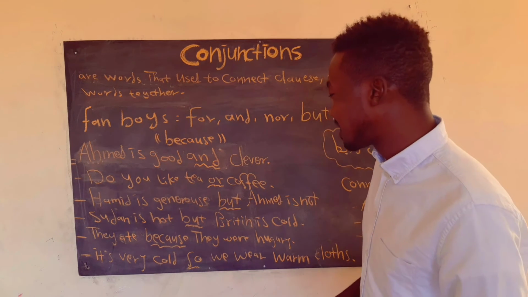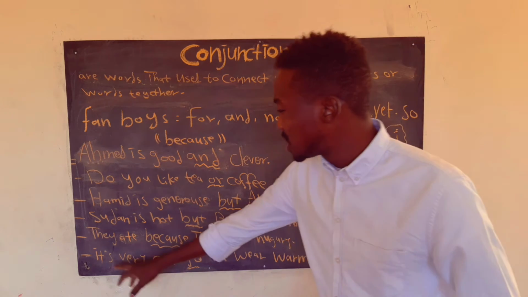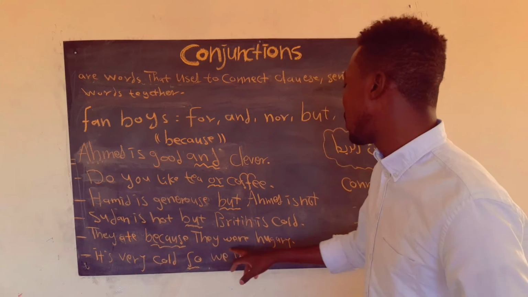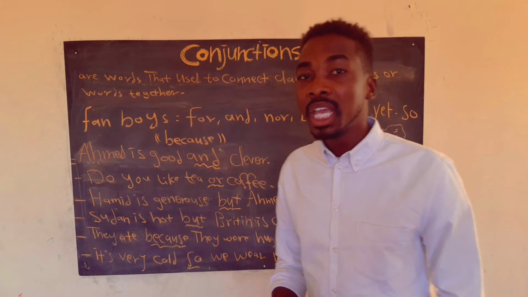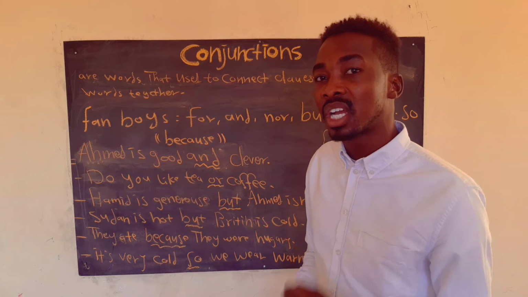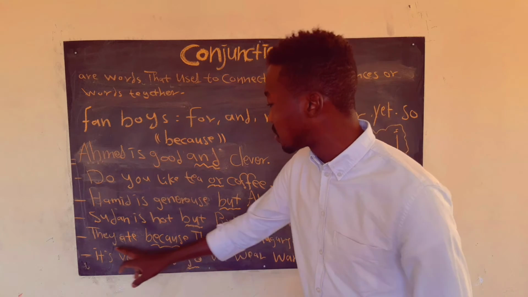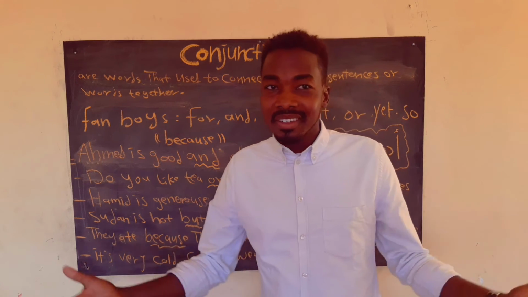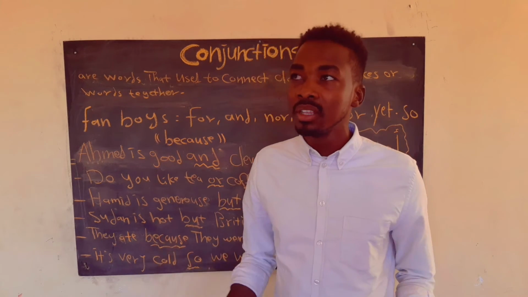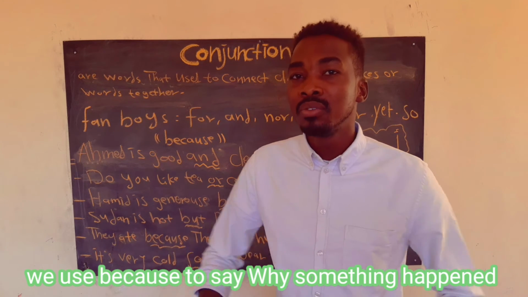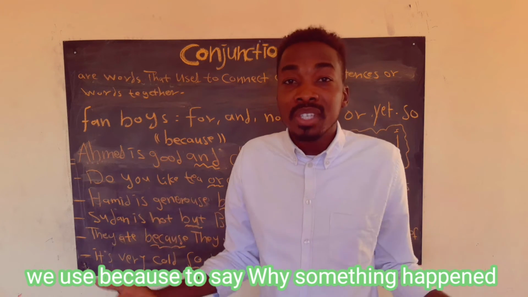Let's move to the next example: they ate because they were hungry. Here we have the conjunction because. We use because for reasons, to show or demonstrate the reasons, to justify, to say why something happened.